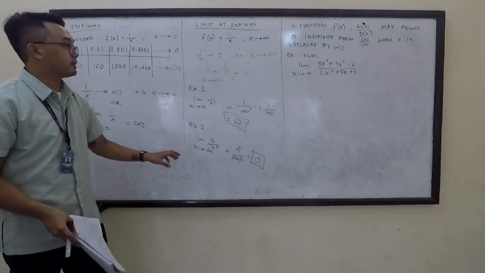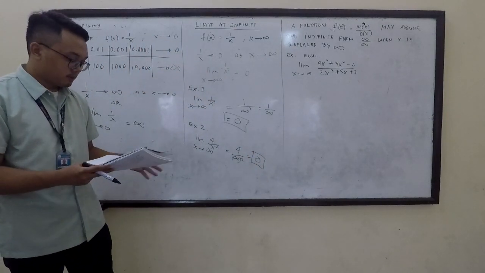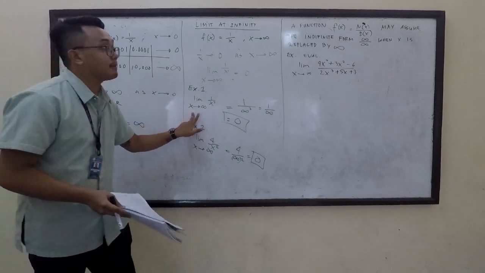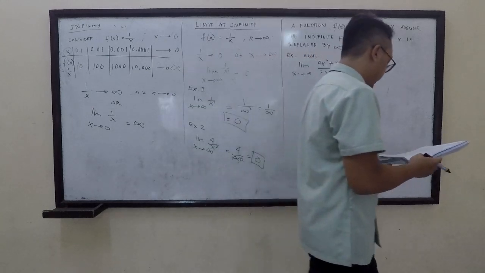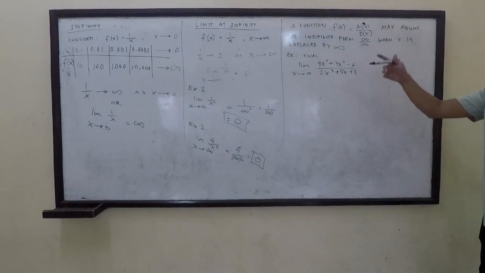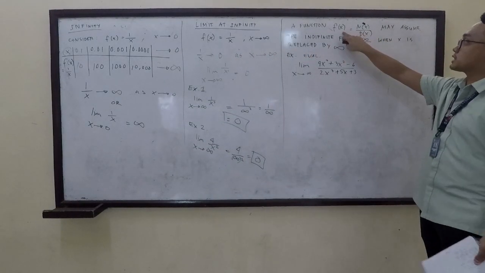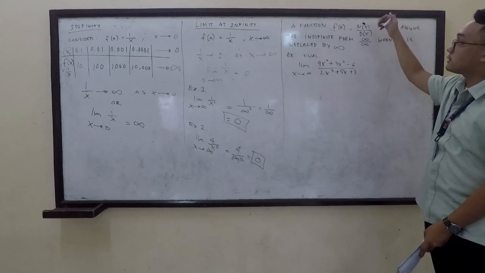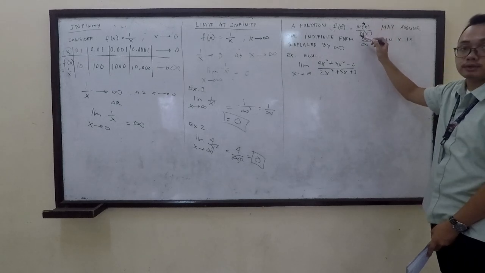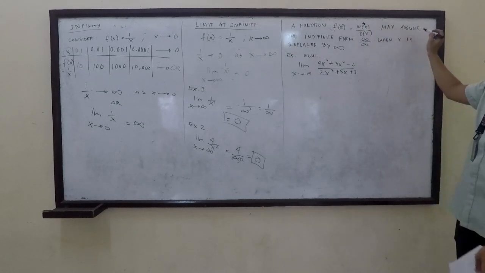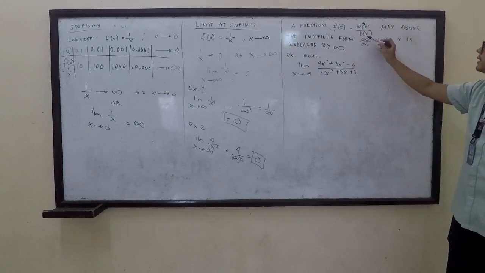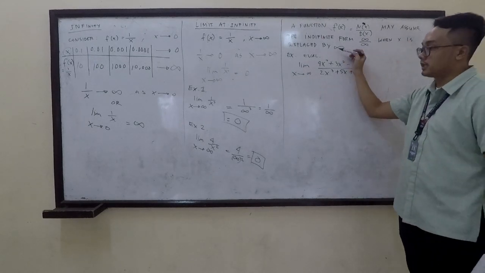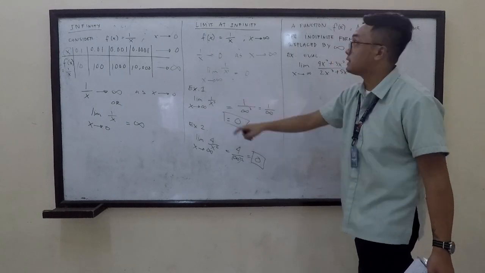I hope you got it. Okay, so when x approaches infinity, we sometimes arrive at what are called indeterminate forms. For example, a function f of x equals n of x, the numerator, over d of x, the denominator, may assume the indeterminate form infinity divided by infinity when x approaches infinity.